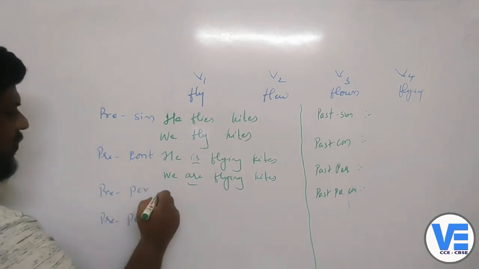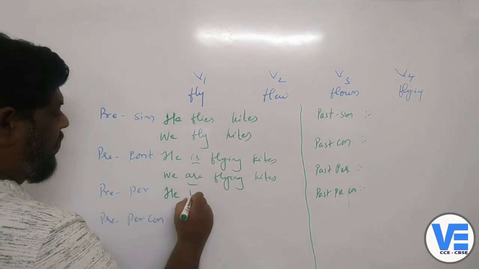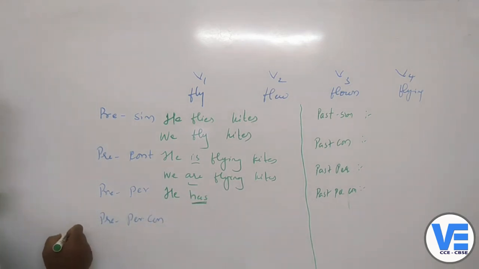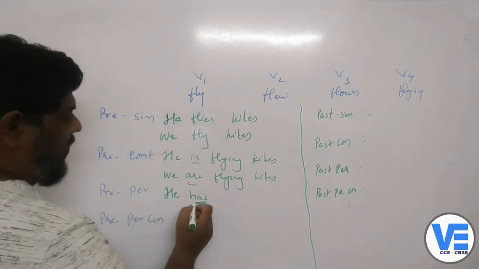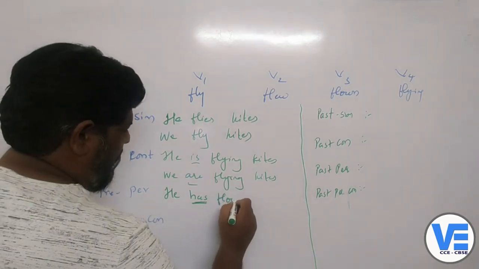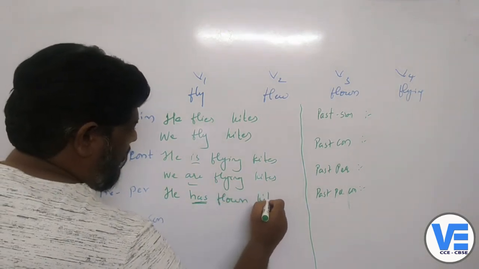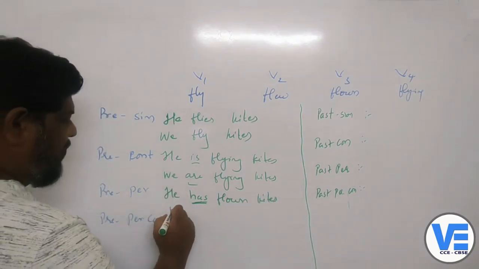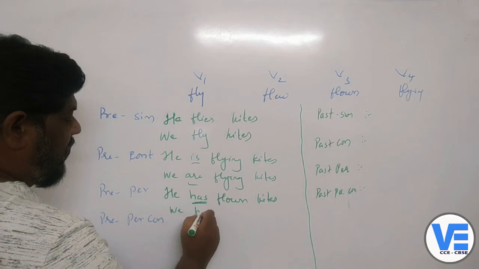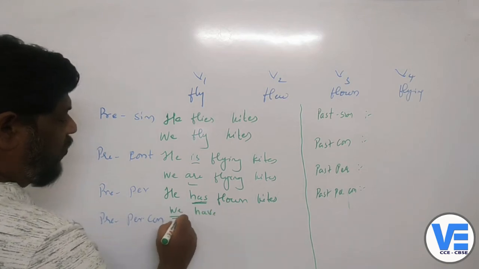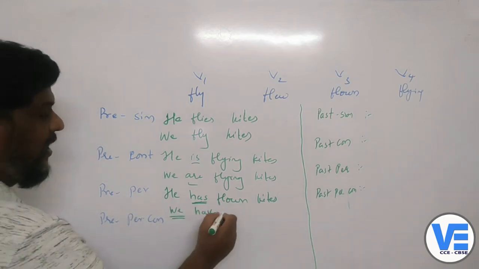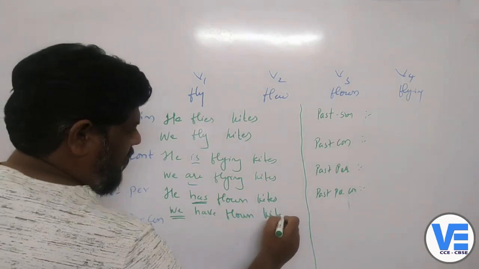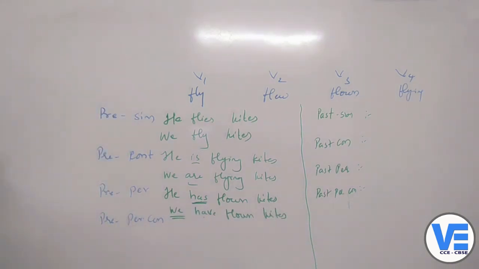Okay, and present perfect, he has. So here this word called has tells about the perfect, right? He has flown kites. We'll take the example with we have, because it is plural, we are writing here have. We have flown kites.